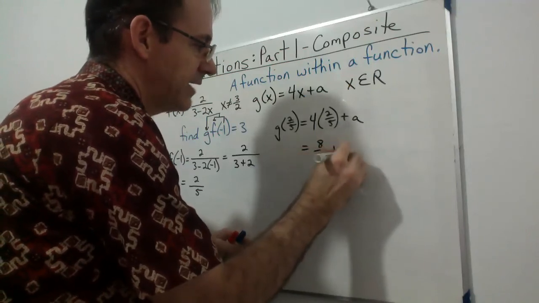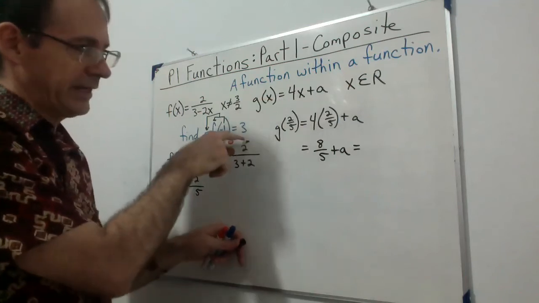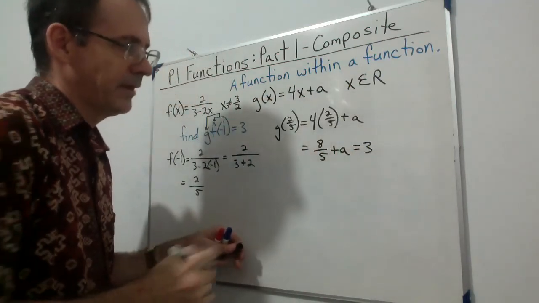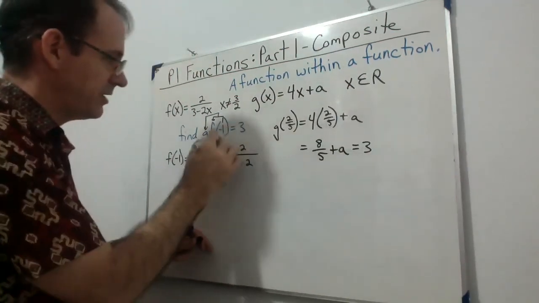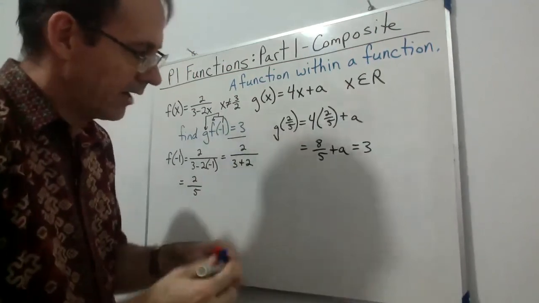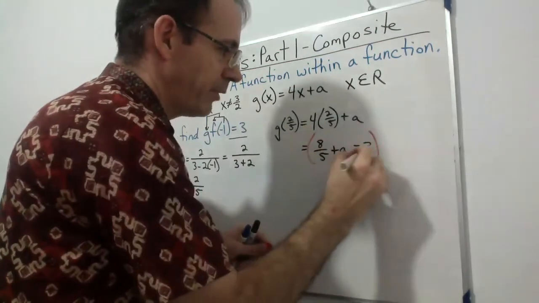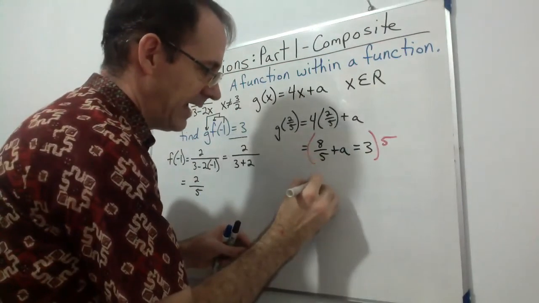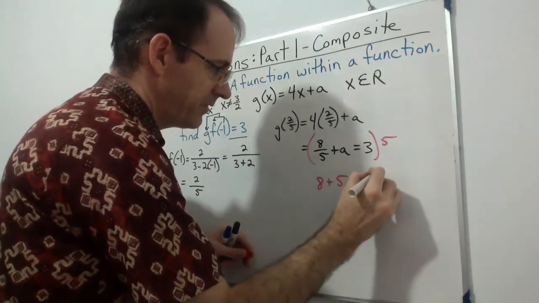Then this value equals 8/5 plus a equals, where are we at? 3. Okay, so this equals 3, because this is our equation right here. Now we have to get rid of our fraction, so we're going to multiply both sides of our equation by 5. That's going to give us 8 plus 5a equals 15.